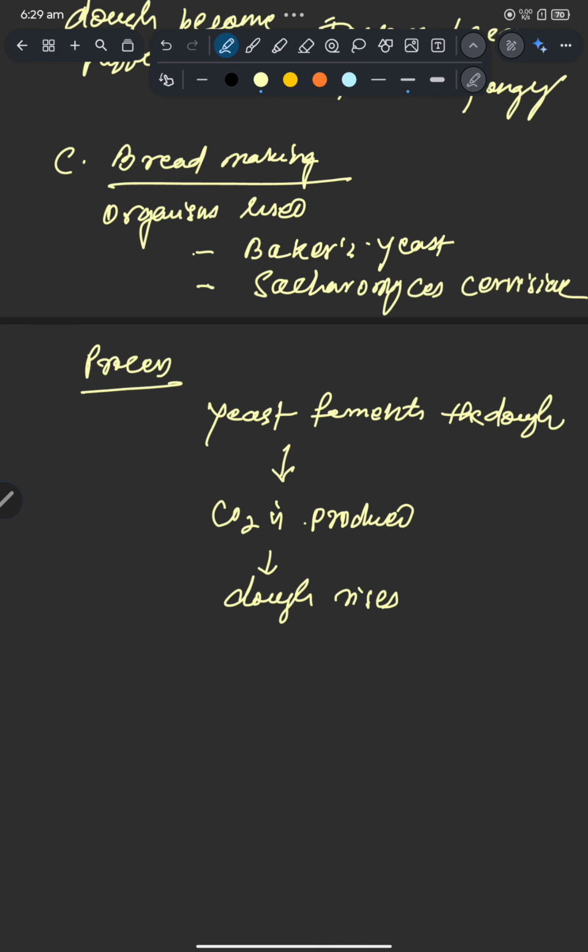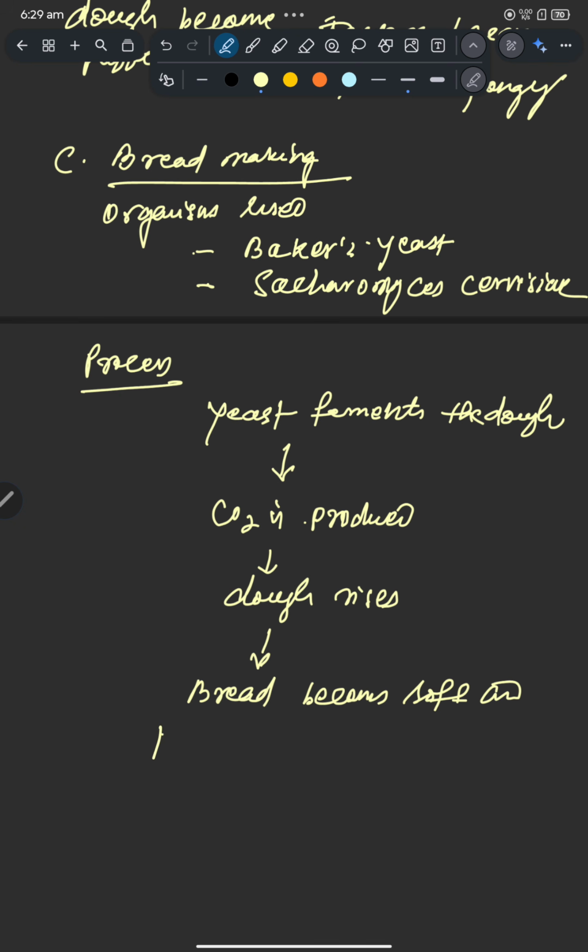As a result, bread becomes soft and porous.